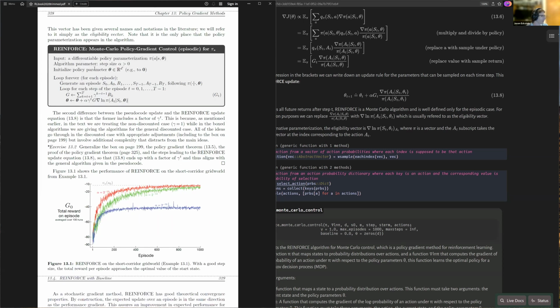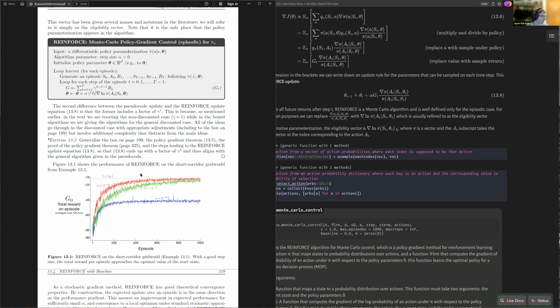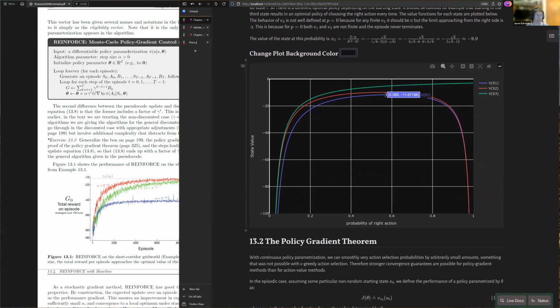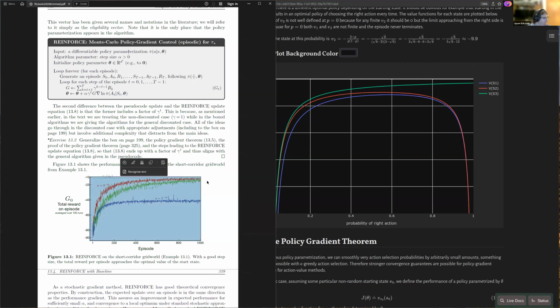Now this graph is showing applying this algorithm to the corridor grid world. This is the example where we had already computed the optimal value of P here. And at that value of P, we should get a value of about negative 11.65.